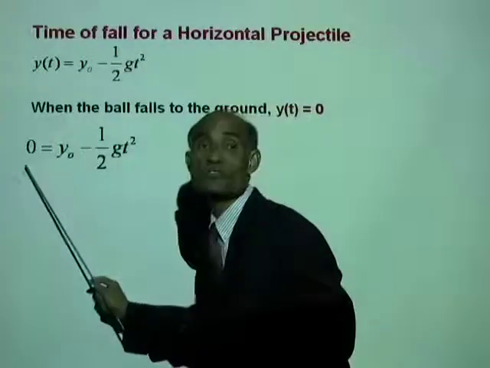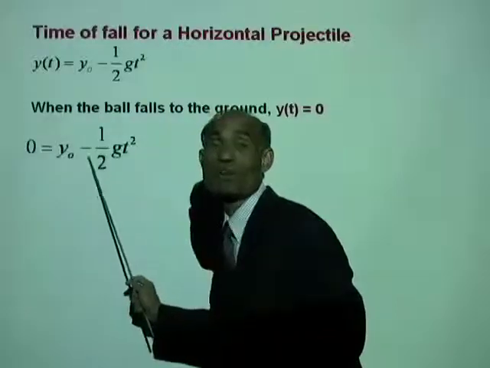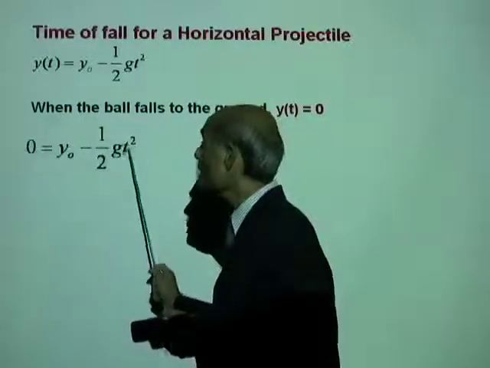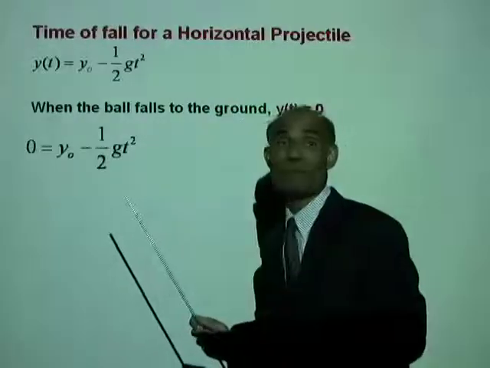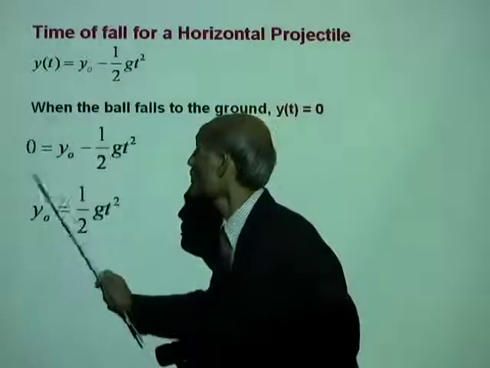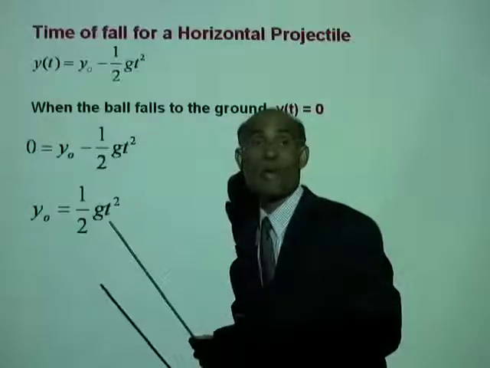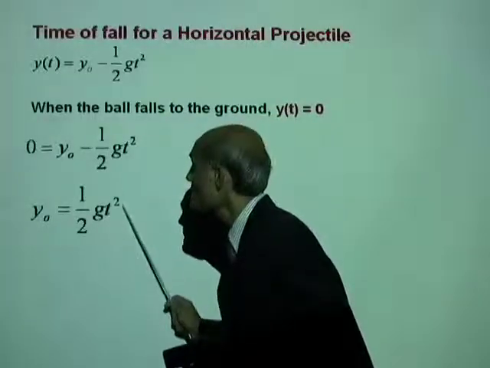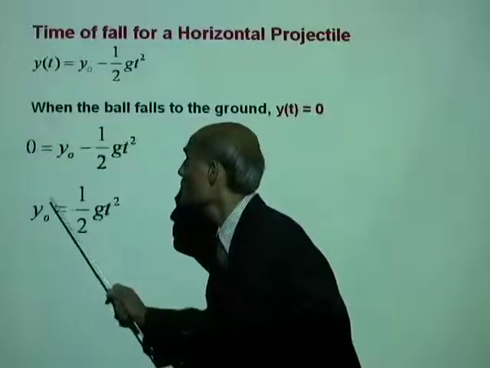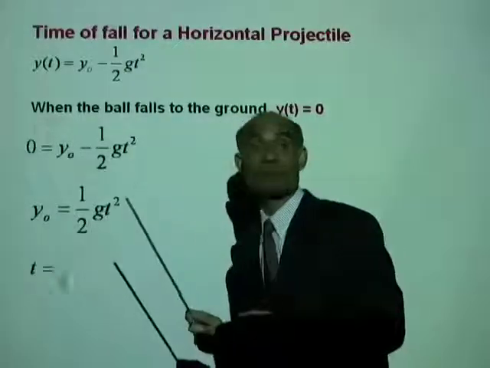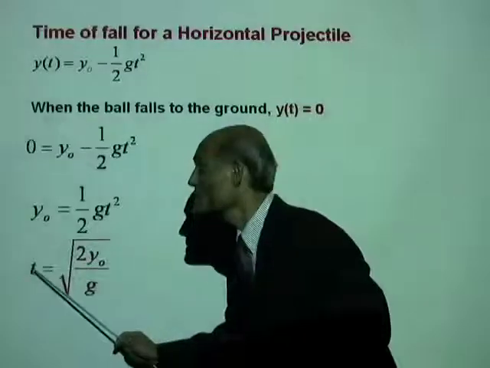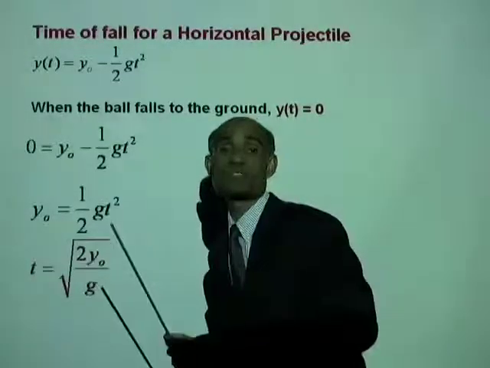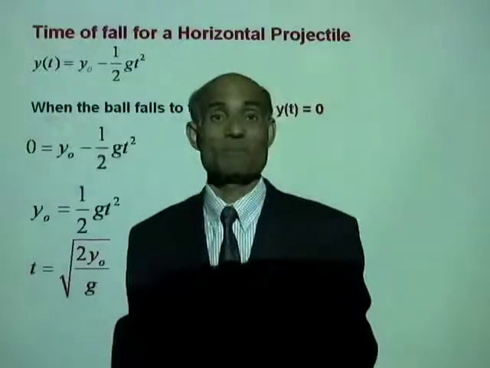So we will say 0 equals y0 minus 1/2 gt squared. Can you solve for t from there? Or we say y0 equals 1/2 gt squared. Therefore, t squared will be 2y0 divided by g, or t equals the square root of 2y0 divided by g.